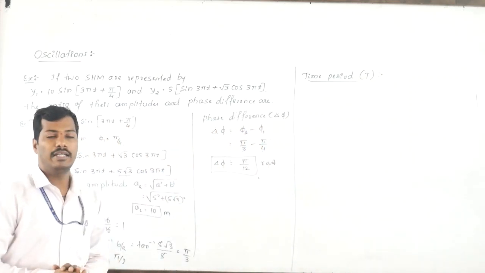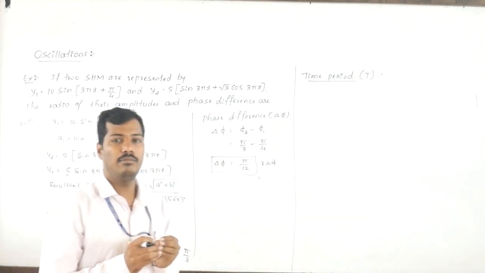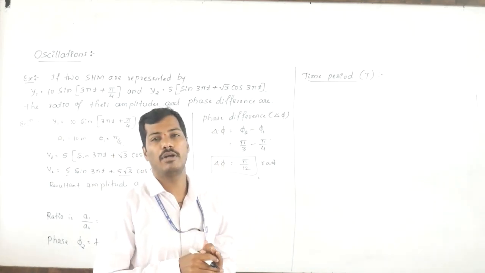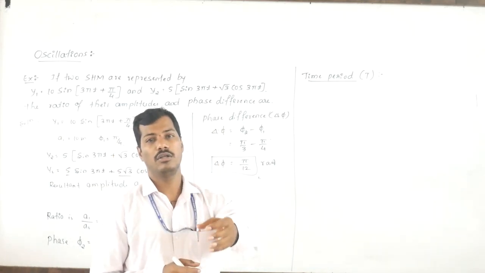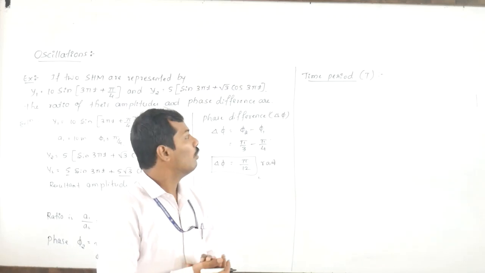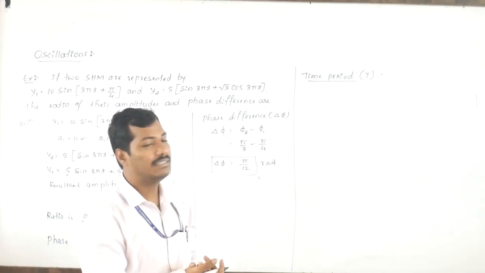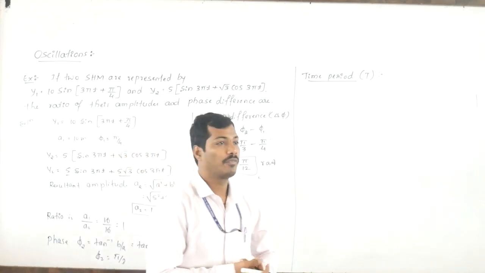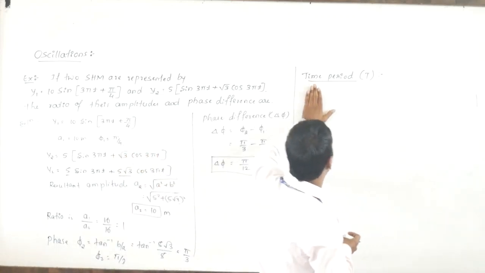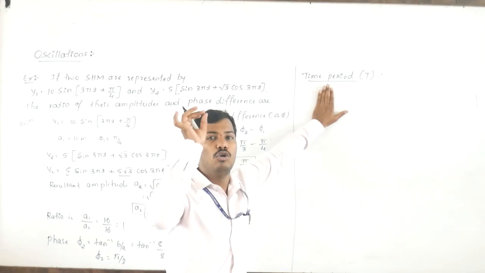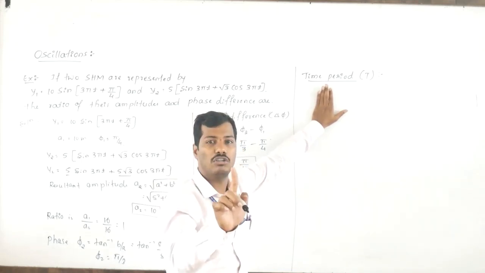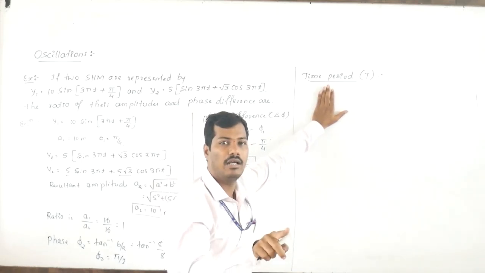The definition of time period is the total time taken by the particle to oscillate, or what is the time taken to complete one oscillation by the particle.